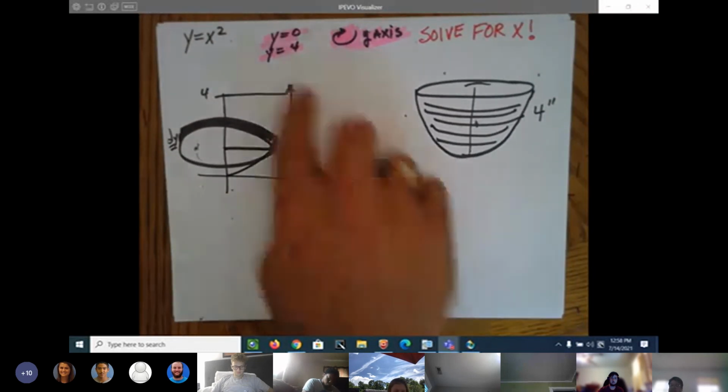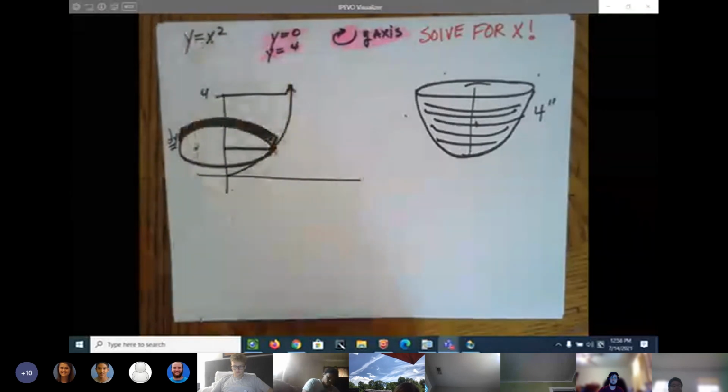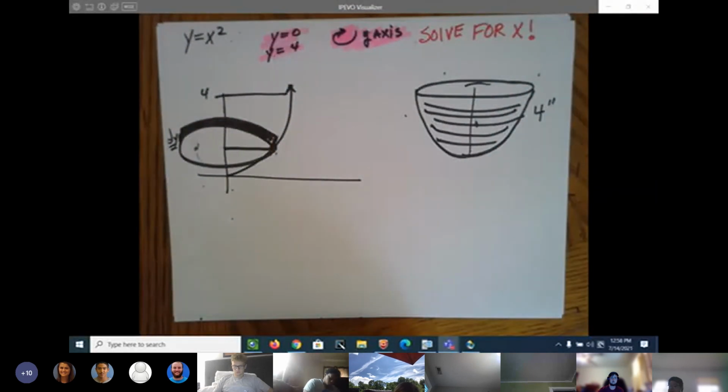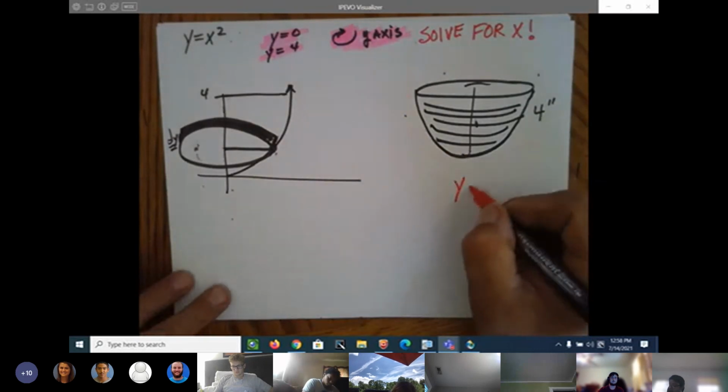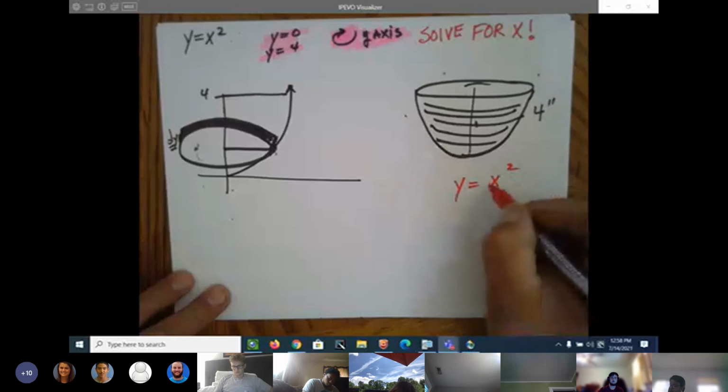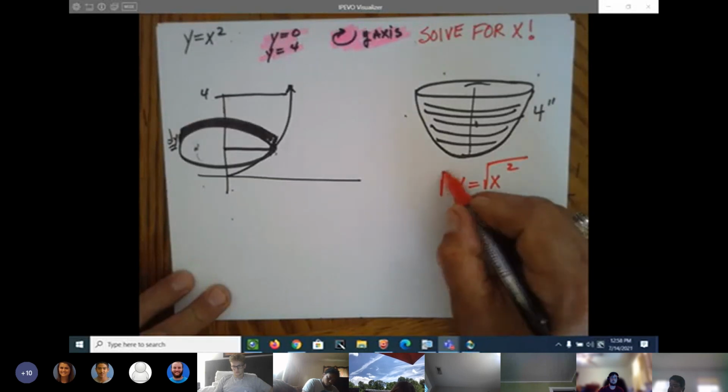So I've got to solve this for x. So I'm going to go over here and do it in red. Y is equal to x squared. Take the square root of both sides.